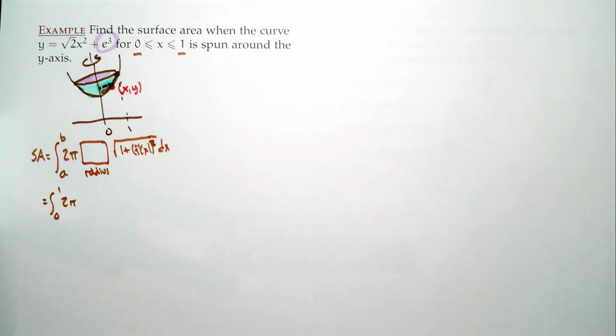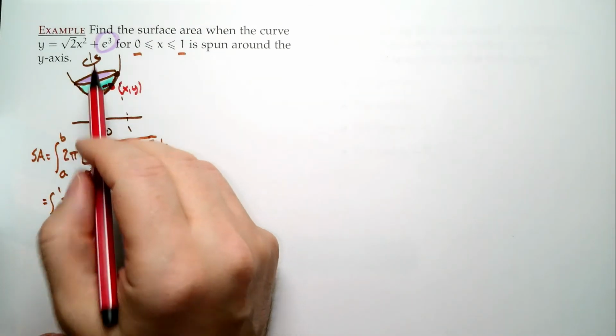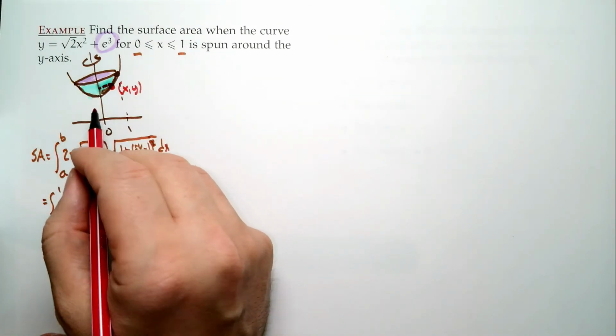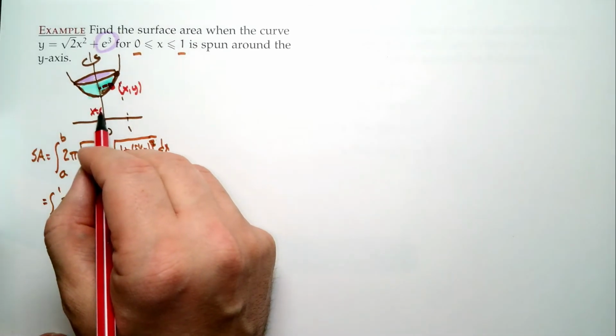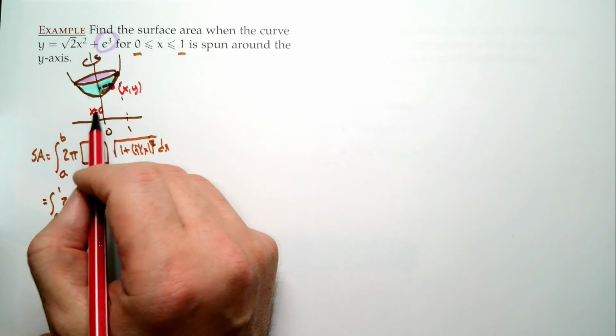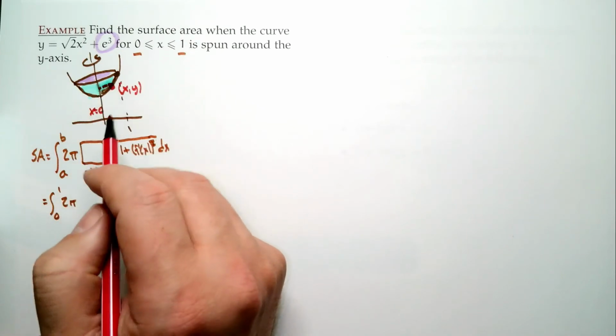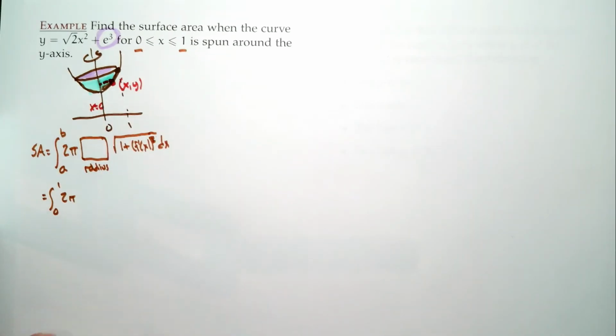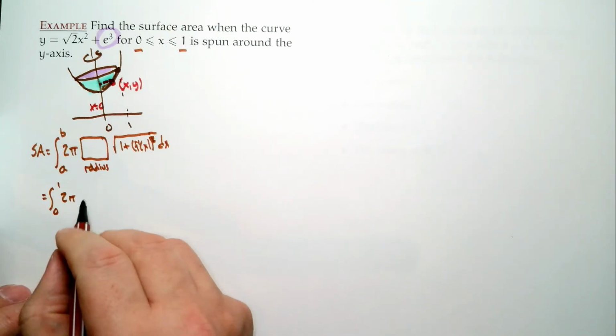Where do I need to go? I need to go over to the y-axis, which is the line x equals 0. So the distance from x to the line x equals 0 is x. That's a little bit different from our last problem. So this becomes an x.